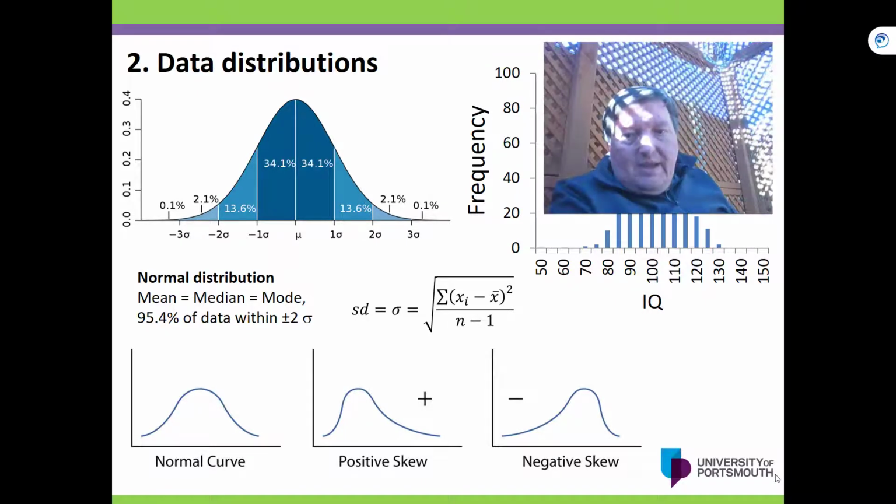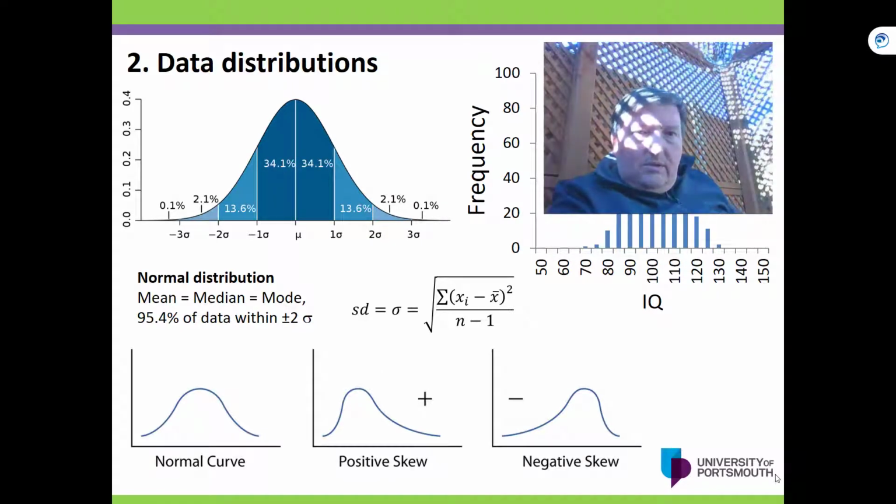So you have each individual data item minus the mean, and then you square that term, and then it's the sum of all those differences squared. So you work out the difference, square it, then it's the sum of all those, and you divide by n minus 1, where n is the number of data items. And then you do the square root of the whole thing, and that's what's known as the standard deviation.